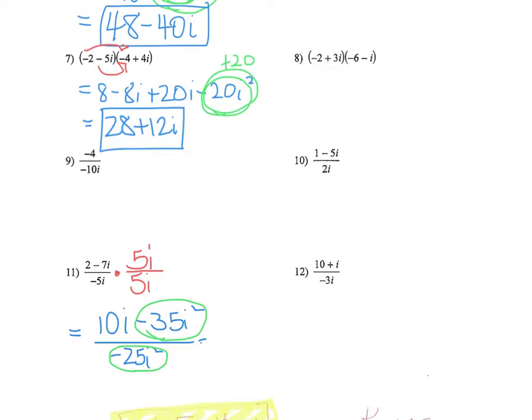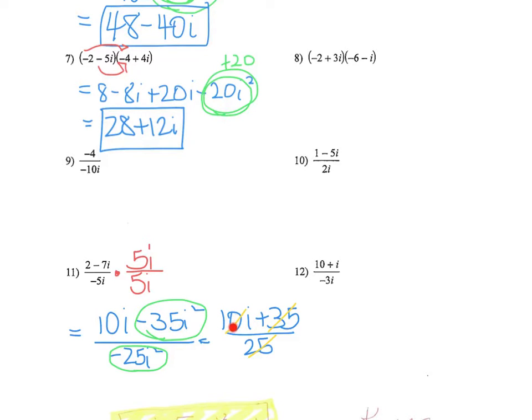Now my fraction is 10i plus 35 over 25. Notice that in 10, 35, and 25, all three parts are divisible by 5. You need to reduce that fraction if that's the case. If all three parts are divisible by the same factor, do it. And what do we get?